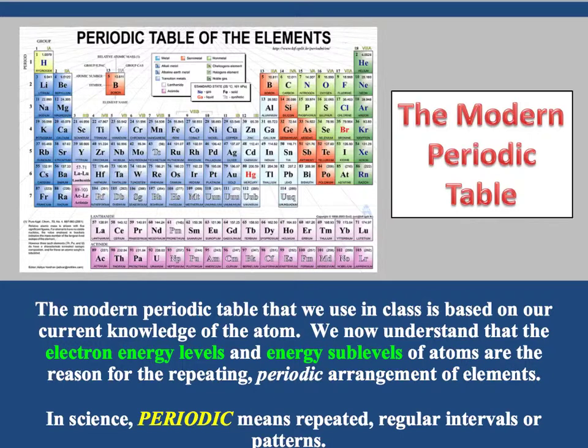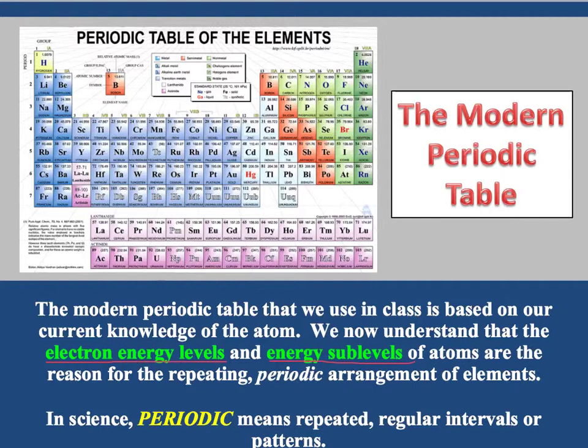So the modern periodic table that we use is based on our knowledge of the atom. We now understand that energy levels and energy sublevels of atoms, remember the S, P, D and F that we talked about, are the reason for the repeating periodic arrangement of elements.